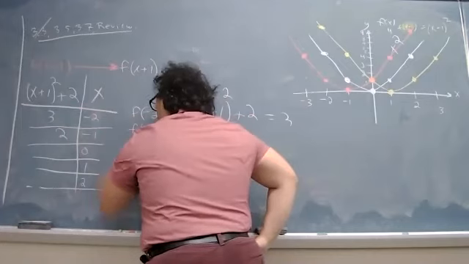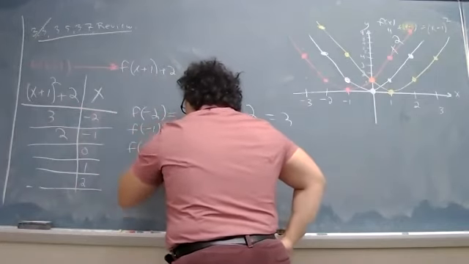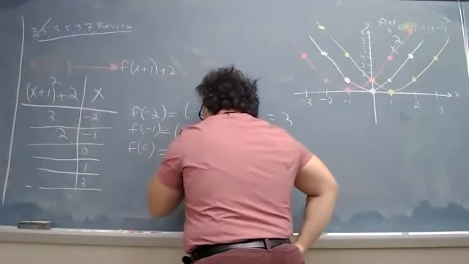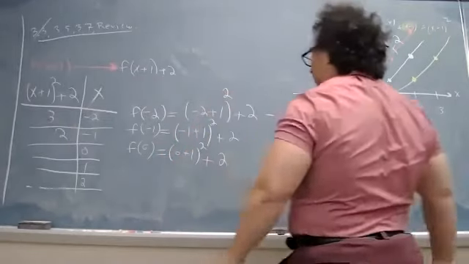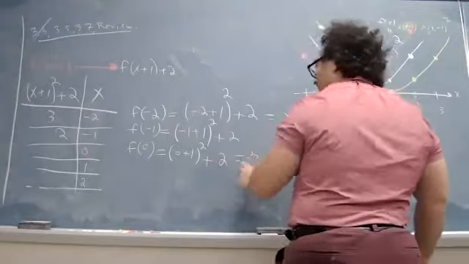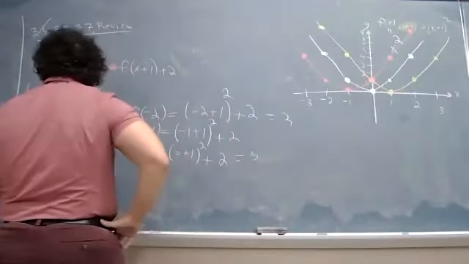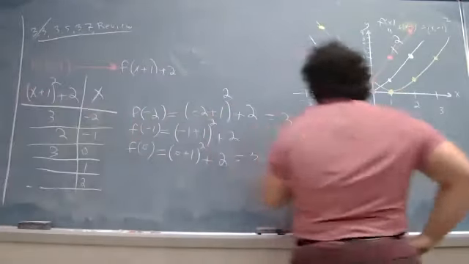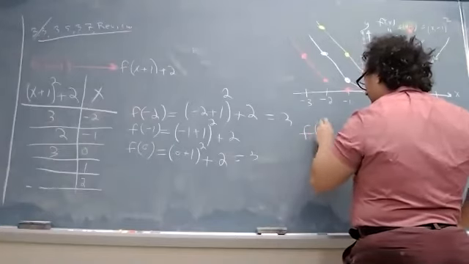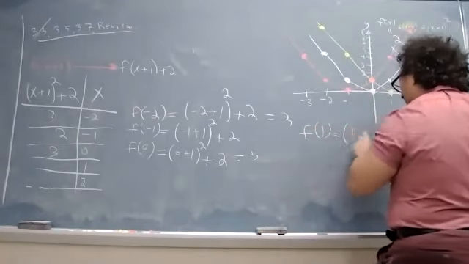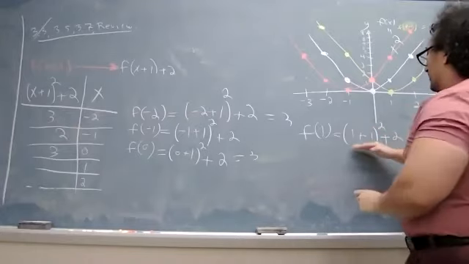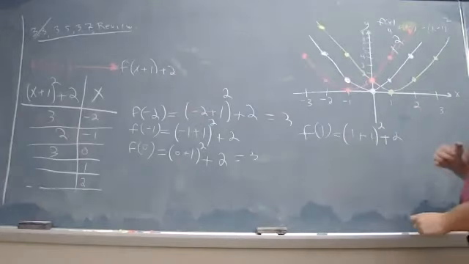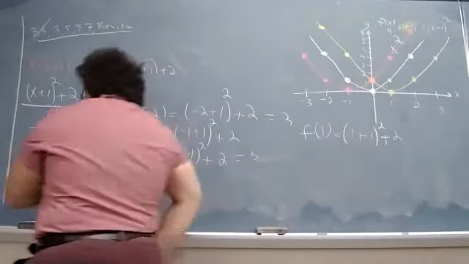What is f of 0? Well, that's just 0 plus 1, everything squared, add a 2. Well, then 1 squared is just 1, plus 2, we get a 3. So I just put a 3 over here. What is f of 1? Well, this is merely 1 plus 1, everything squared, add a 2. 1 plus 1 is 2, 2 squared is 4, 4 plus 2 is 6. So I put a 6 over here.